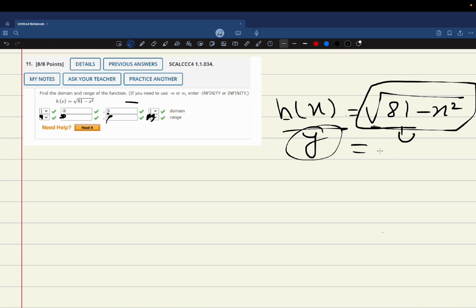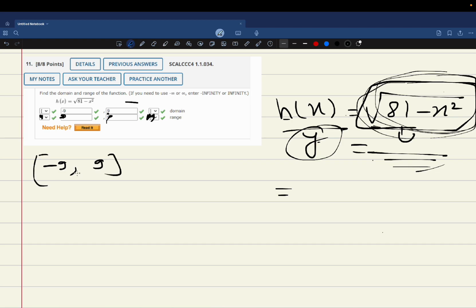So y equals, we need to find all the possible values of this complete expression to find out the range. Okay, so let's see. We had the domain, which is minus 9 through 9. So we can plug in all the values here and then find out all the possible values of y. Let's plug in 9 in this case, or minus 9, it is the same.